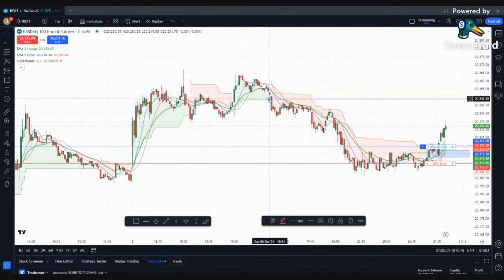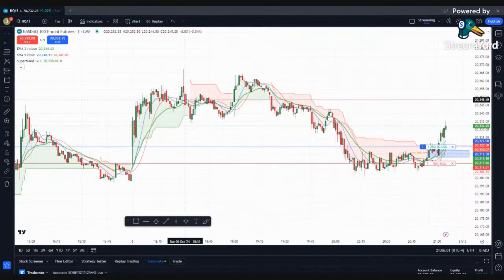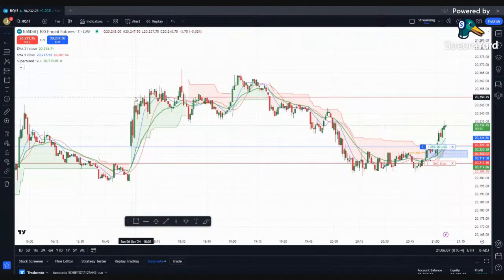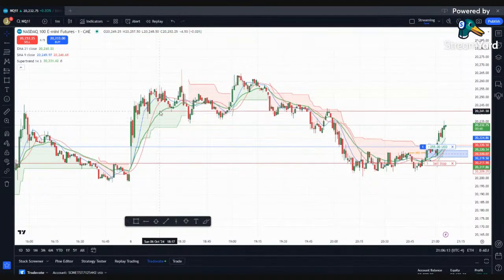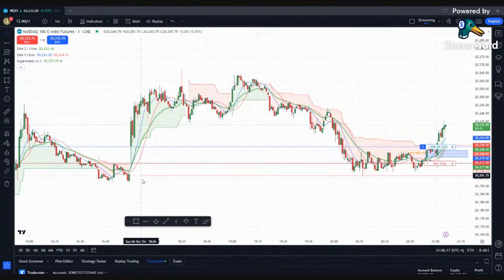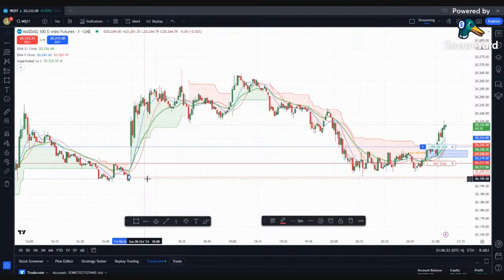This is your resistance. This level here, most likely this is your resistance. And today's psychological number is 20,240, and 20,200.